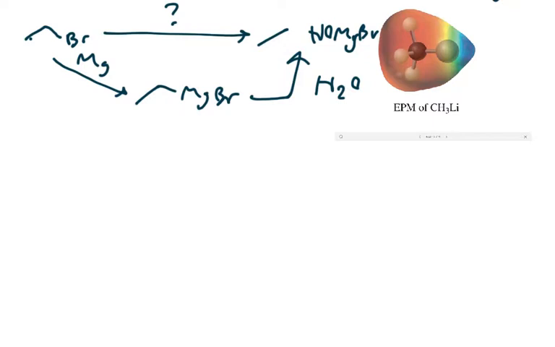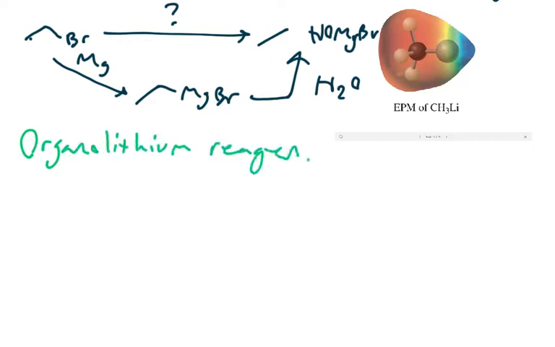The next one I want to go over is called an organolithium reagent. We kind of saw an organolithium reagent up there with the acetylides, but we're going to go into it in more detail. I kind of ran out of room, so I pushed my Grignards into where I was planning to do organolithium. So here's an organolithium.